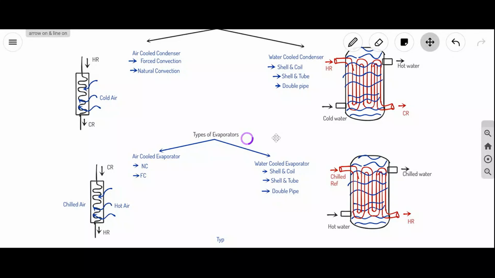Okay. The next concept is types of refrigeration systems.